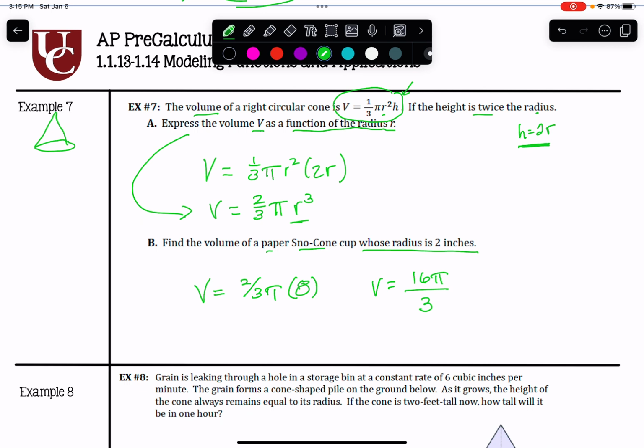And that's okay. We're not going to look up in our calculator. This is fine. Does it give us any units? Yes, 2 inches. So the volume is inches times inches times inches, right? So this would be inches cubed. All right, so there's the answer for example 7.